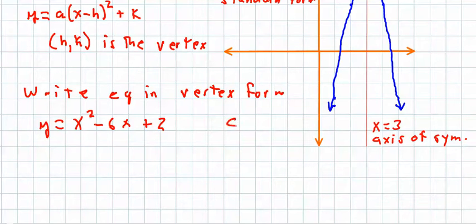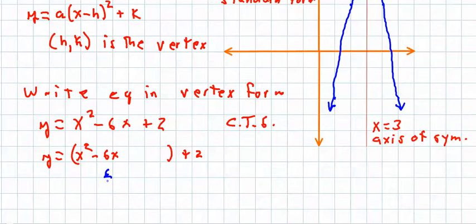But it's going to be a little bit different. x squared minus 6x, we have the plus 2 over here. Now, just like we did before, we're going to take half of 6 and we're going to square it.